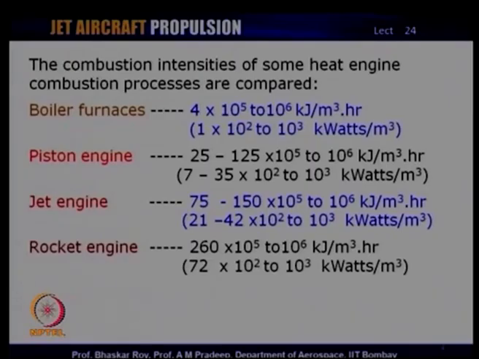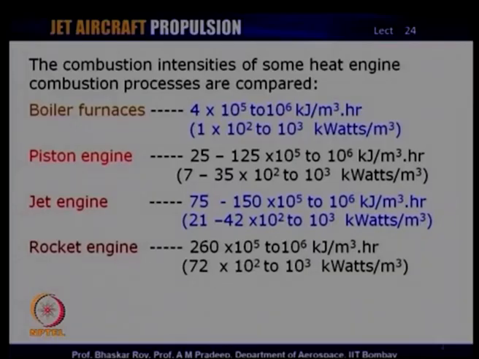Now, if you compare that to the jet engine that is used in aircraft, that is of the order of 75 to 150 into 10 to the power 5 to 10 to the power 6 kilojoules per meter cube per hour. That means, its fundamental heat release rate is of a higher order than any piston engine.